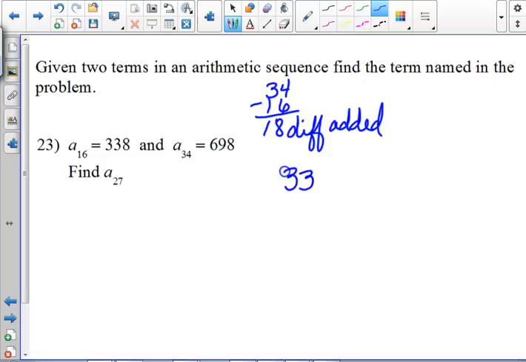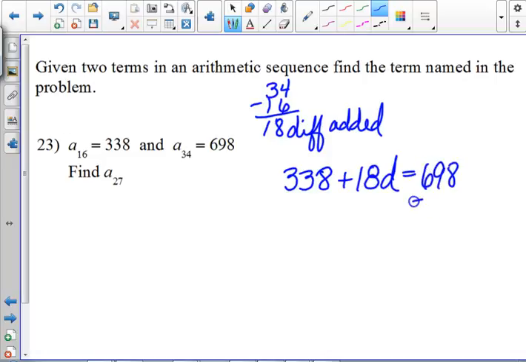So 338 plus what? 18 differences. I'm going to call it d just to be cute. Equals, what did we get after we added 18 differences on? 698.